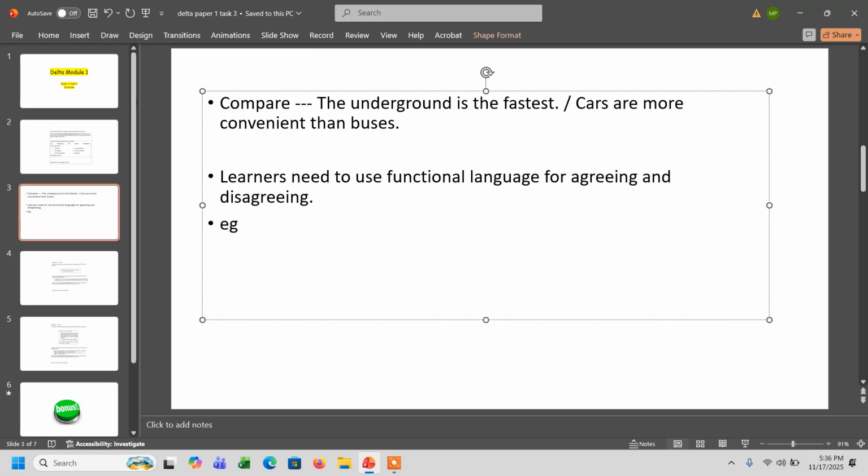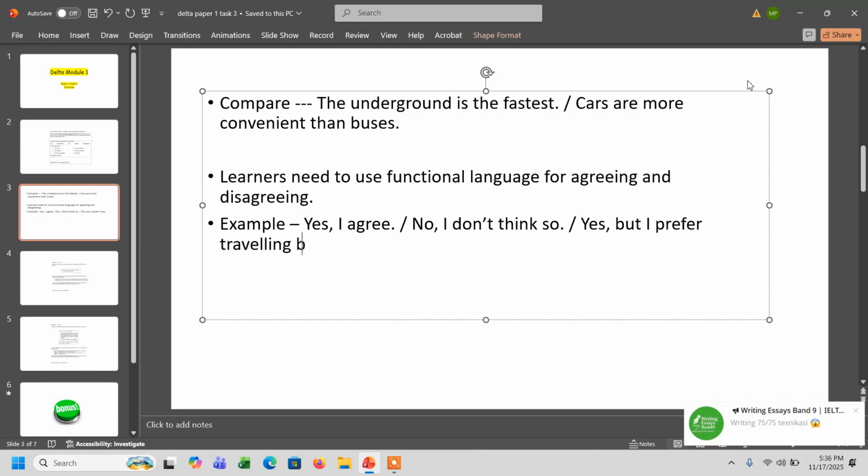Example: yes, I agree, or no, I don't think so, or maybe yes, but I prefer traveling by bus.